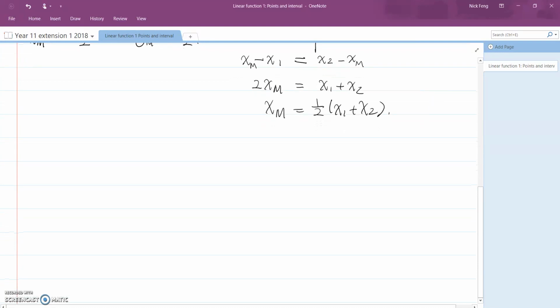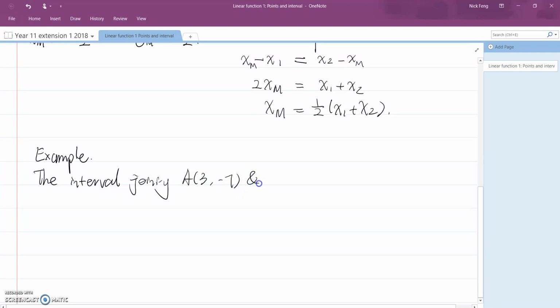Here is an example of how we can simply use the distance formula and the midpoint to find something we want. Example, the interval joining 2 points A and B with the coordinates 3 and -7, and -6 and 2 is actually a diameter of a circle.